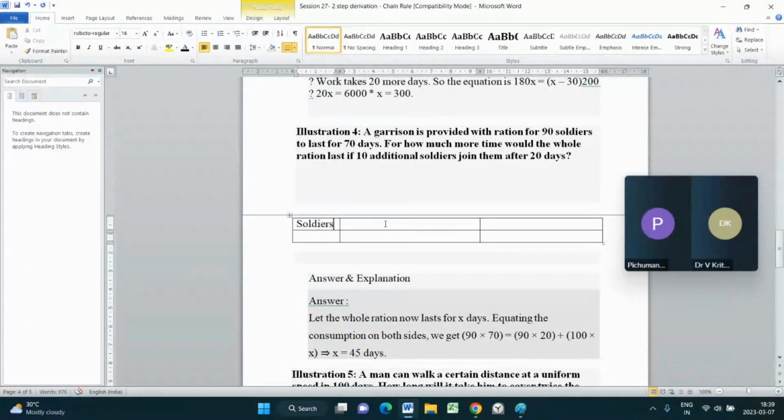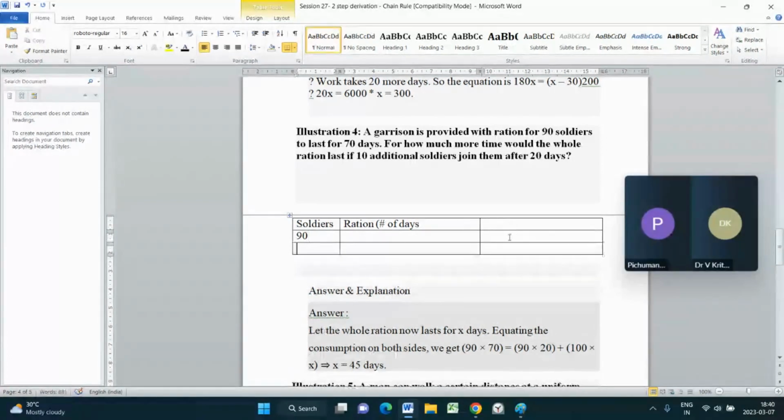Just 90, for the 70 days. 10 additional soldiers.